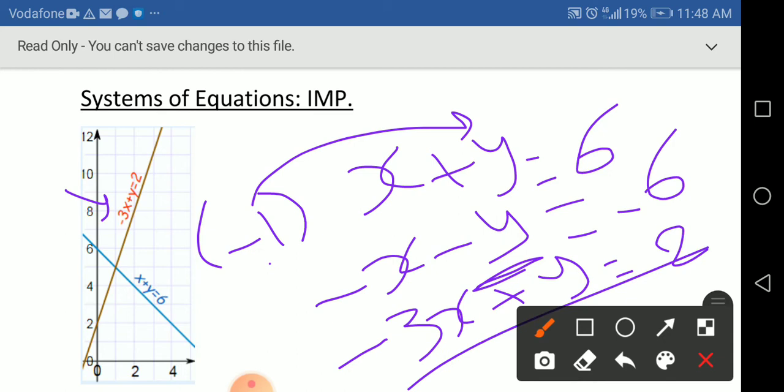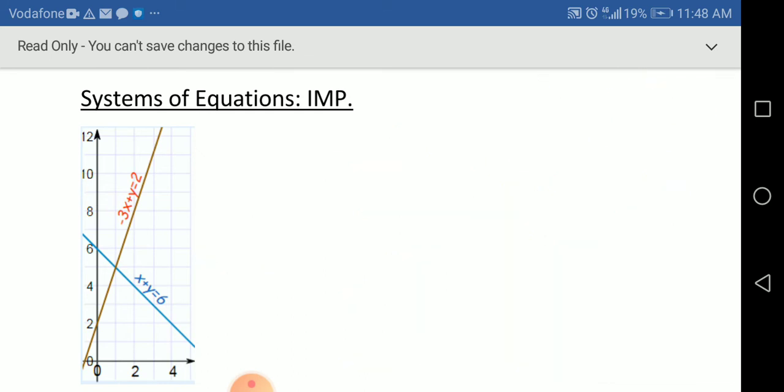So let's solve. Negative x plus negative 3x gives me negative 4x. Negative y plus y equals 0. Negative 6 plus 2 gives me negative 4. So negative 4x equals negative 4. Let's clear and do it again.